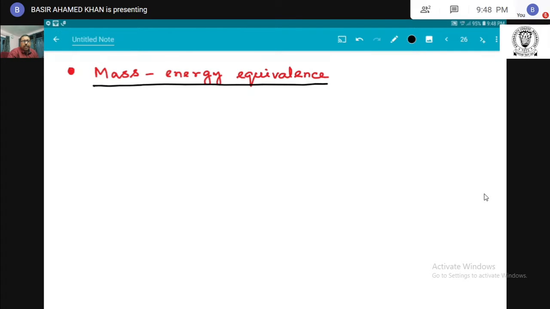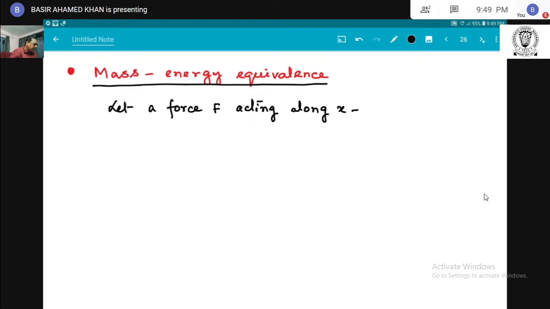To deduce the relation of mass and energy in special theory of relativity, I consider a force. Let a force F act along the x-axis and displace a particle through a distance dx.